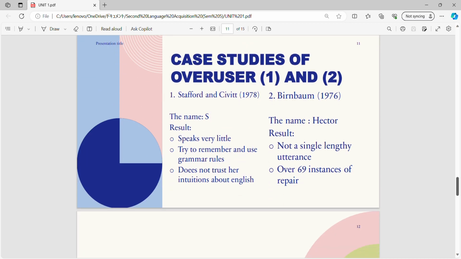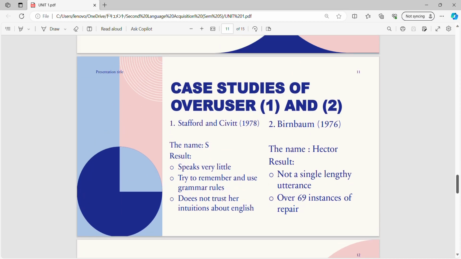Now, the next is some case studies for overusers. There are 3 persons who have made investigations. The first is Stafford and Kivich.